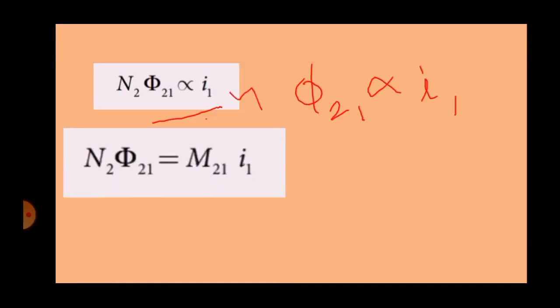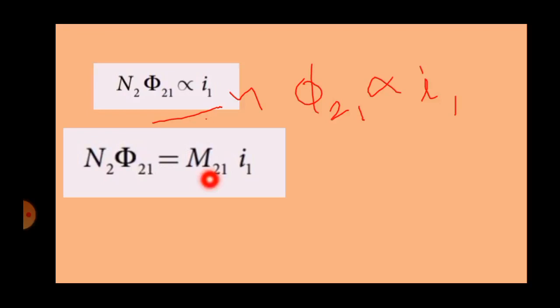Therefore N2 phi 21 is equal to M21 into I1. Here M21, the constant of proportionality, we call the mutual inductance of coil 2 with respect to coil 1, that is M21. It is also called the coefficient of mutual inductance.